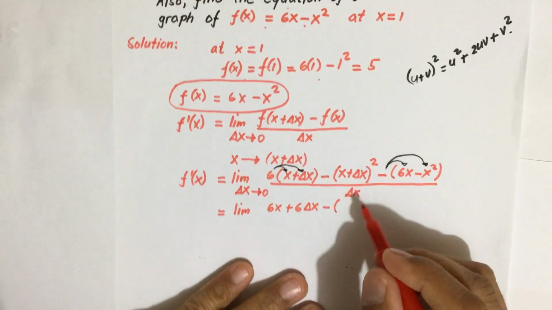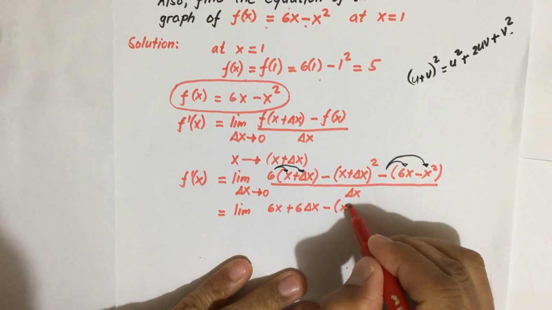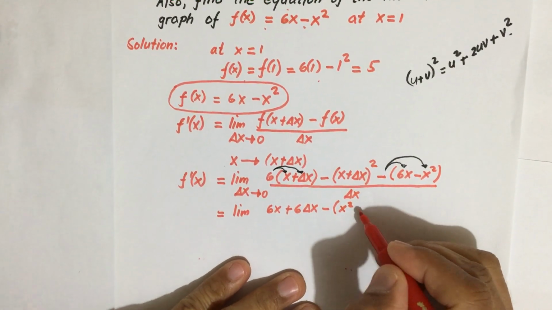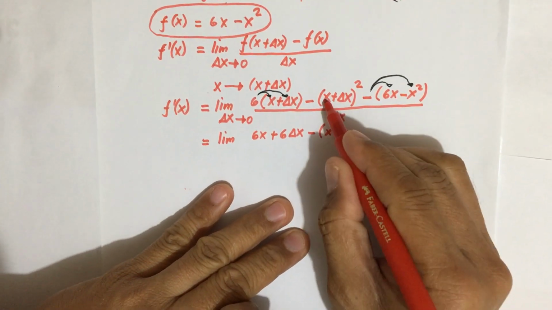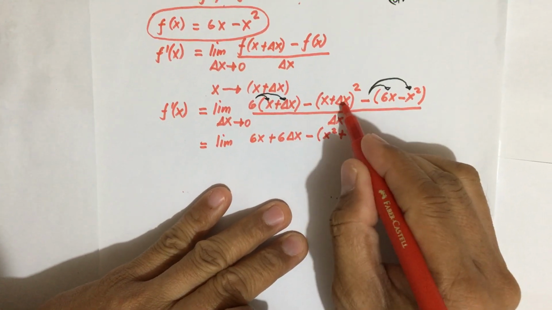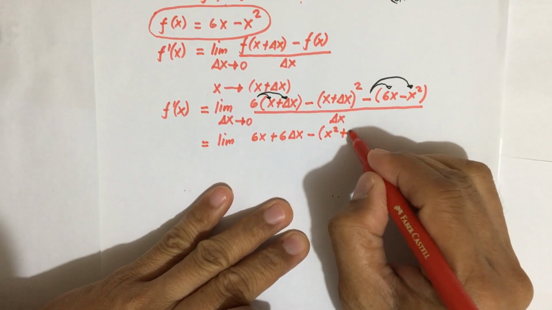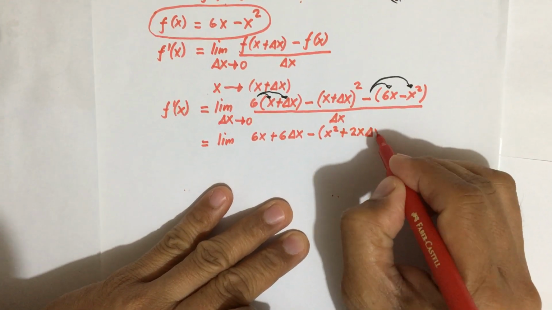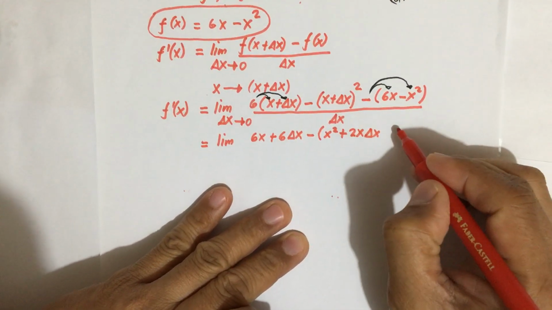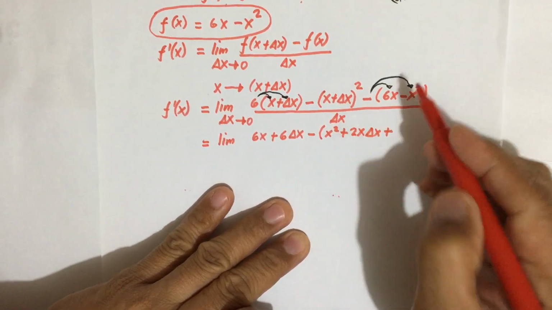Okay, so we have our first term, and this quantity is square of the first term, which is x squared, then plus twice the product of the first and second term. So product of x and delta x is x delta x. Twice means 2 times, so 2x delta x, then plus square of the second term.